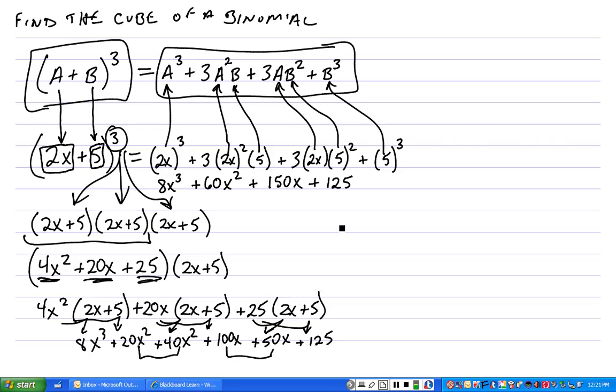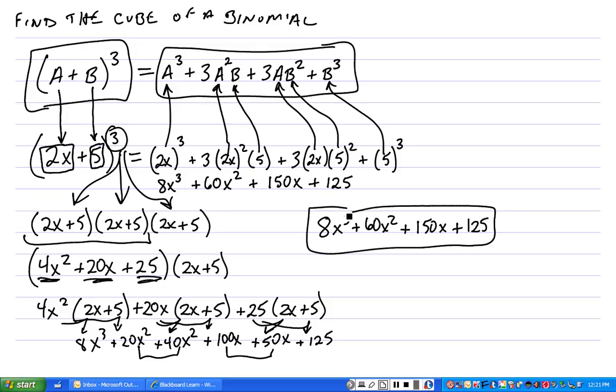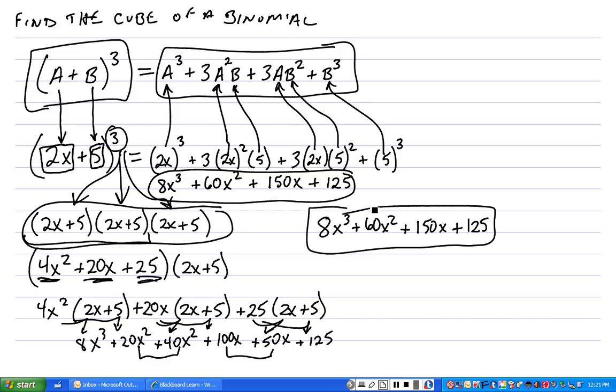That gives me 8x to the third plus 60x squared plus 150x plus 125. So if you see this right here that I got from multiplying it out gives me the same answer that I got when I just plugged into the formula.